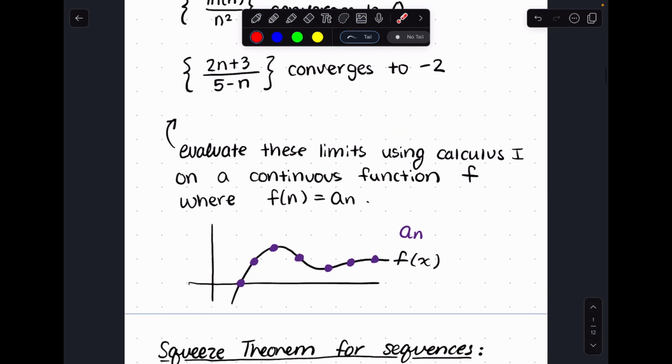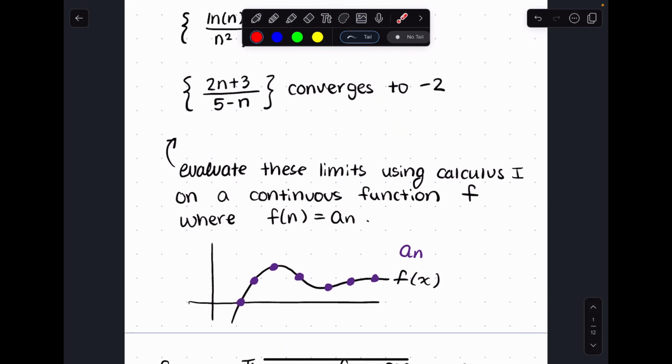Now, like I said, you can evaluate these limits using Calc 1. Just keep in mind that what you're doing when you're using Calc 1 is you're considering the continuous function that our sequence lies on. So we have this function, which is continuous. We can evaluate the limit as x goes to infinity.